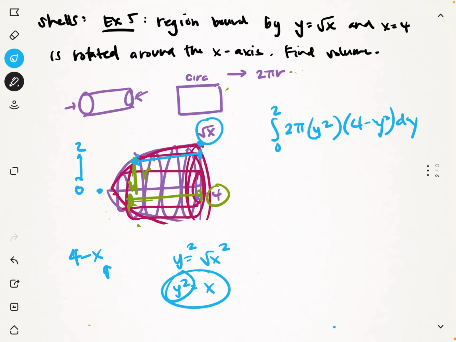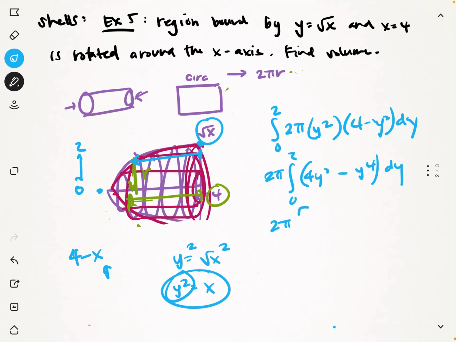Okay, so same idea here. I'm going to take the 2 pi outside, and then I'm going to multiply by the y squared. So 4y squared minus y to the fourth dy. And then we're going to integrate. This is a much easier integral.